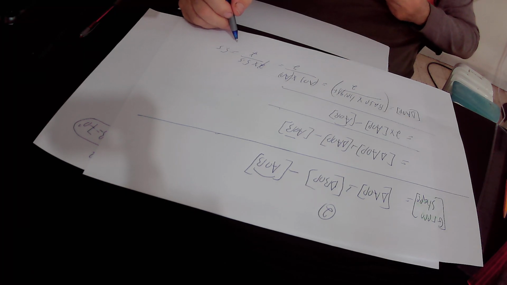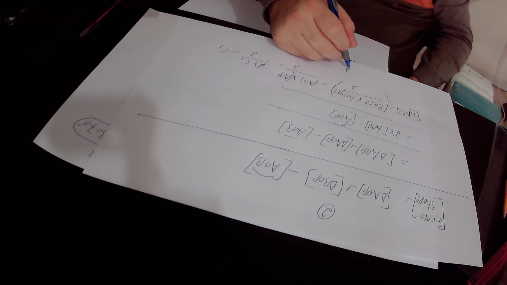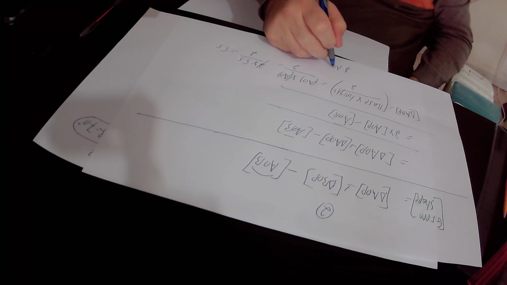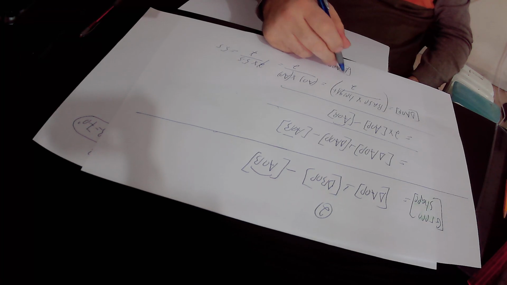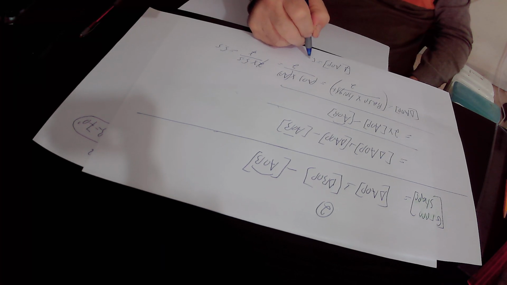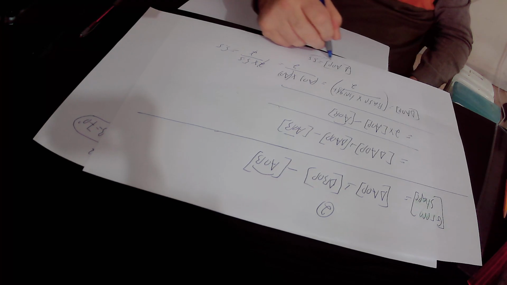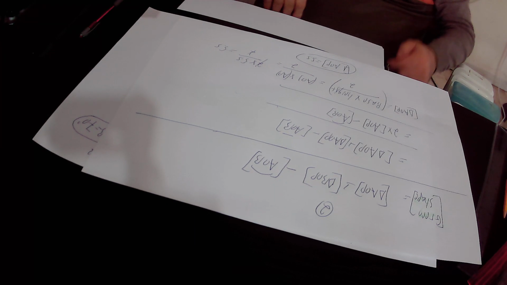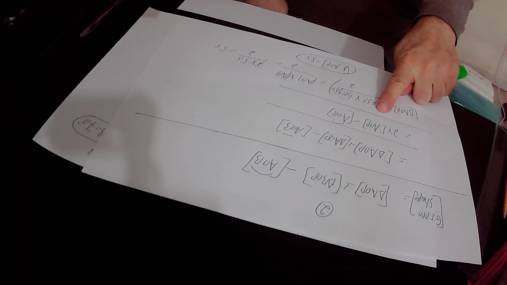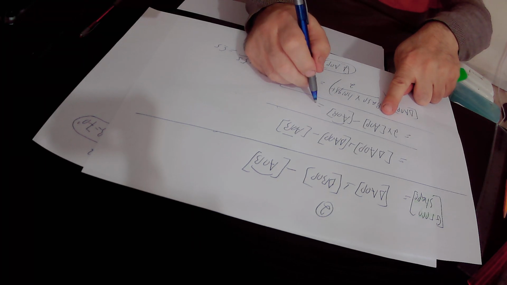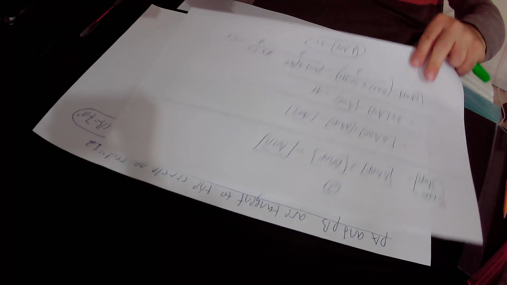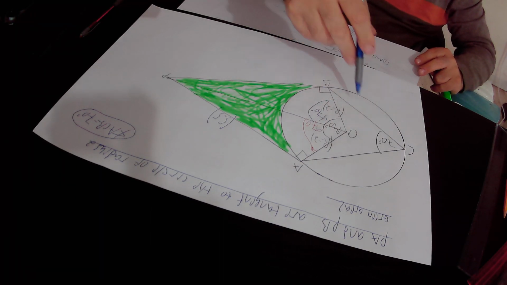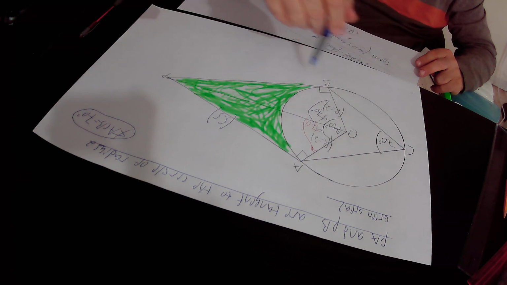So the area of the upper right triangle AOP is 5.5 square units. And we multiply the area of triangle AOP, 5.5, by 2. 5.5 times 2 is 11. So 11 square units is the area of quadrilateral AOBP.